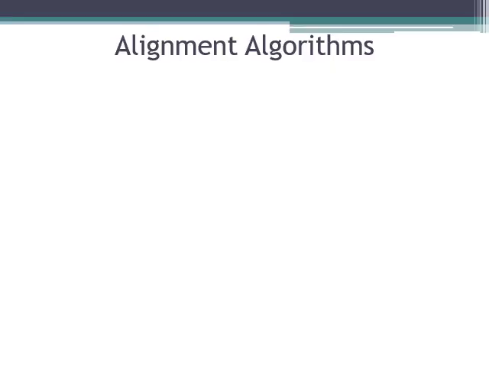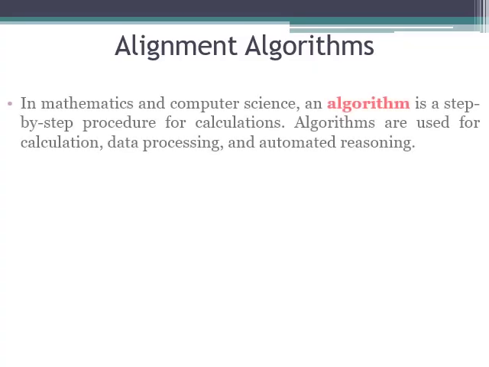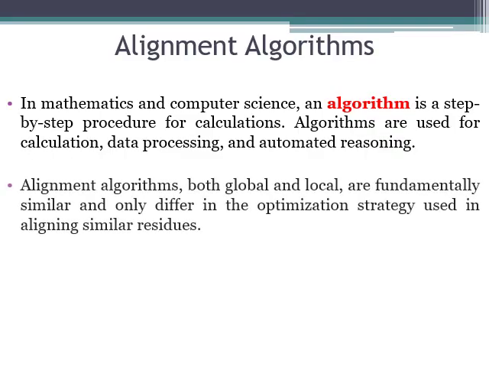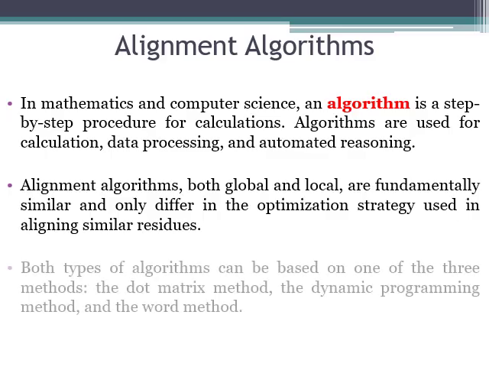Then alignment algorithms. In mathematics and computer science, an algorithm is a step-by-step procedure for calculations. Algorithms are used for calculations, data processing, and automated reasoning. Alignment algorithms, both global and local, are fundamentally similar and only differ in the optimization strategy used in aligning similar residues.